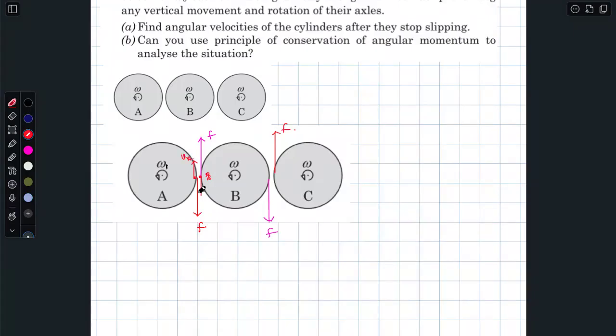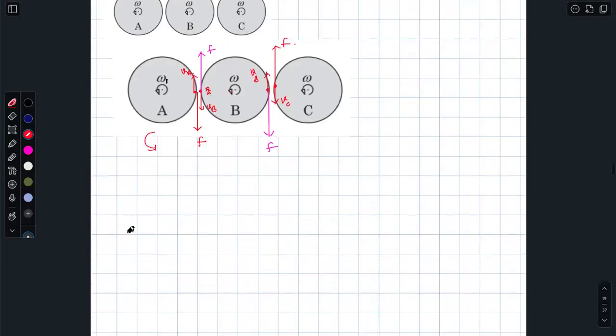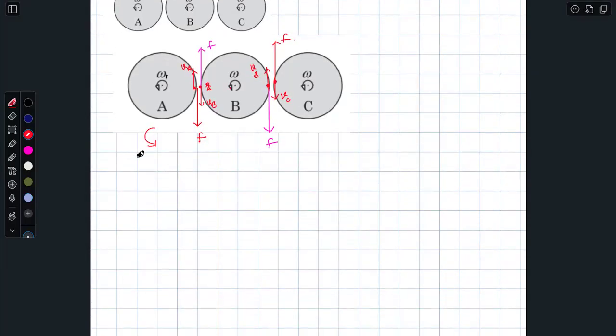So after some time, VA, VB, VC. You can see that this is rotating like this. After some steady state, what will happen is that this is an intermediate stage.